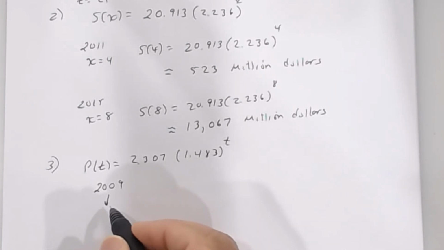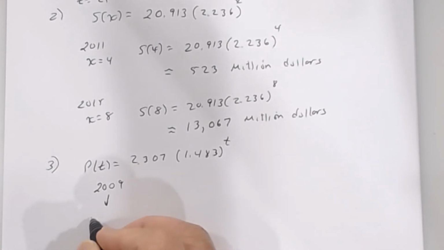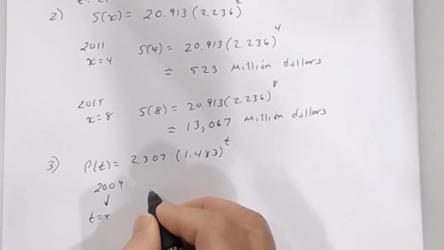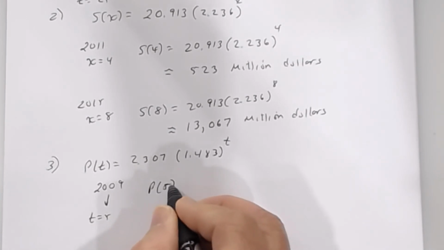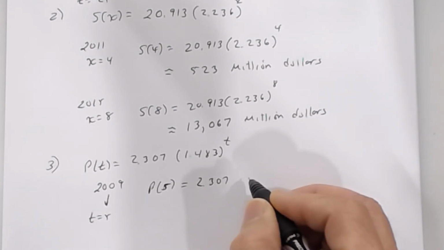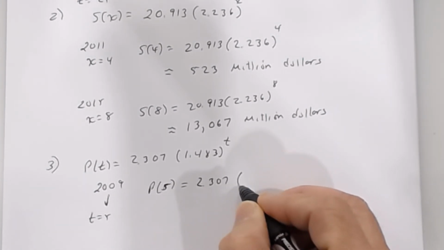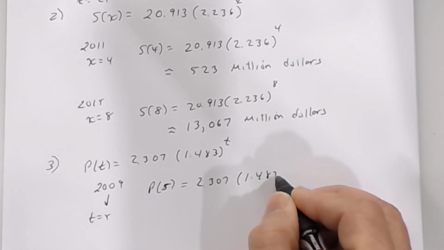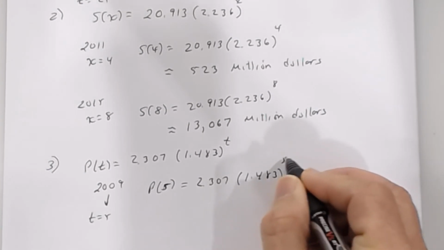So in 2009, how many years is that? 5. So t is 5. So I get P of 5. P of 5 will equal 2.307 times 1.483 raised to the 5th power.